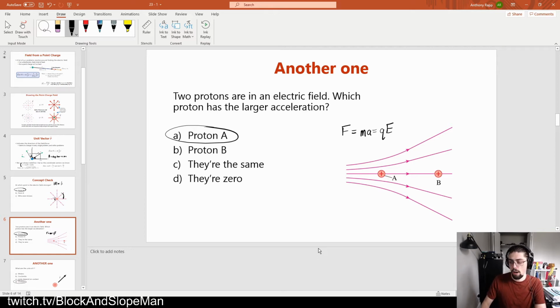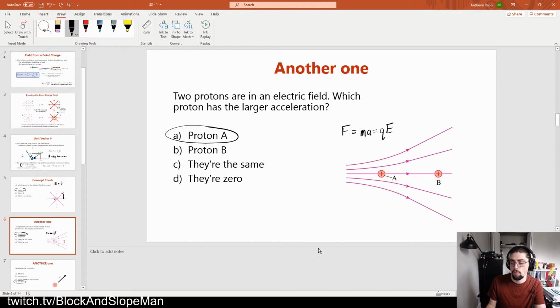But the lines are much more tightly spaced over on the left side than they are on the right. There's so much space between these 5 over here. And that means that the electric field on the left side is going to be much stronger and weakens out as we get farther and farther away. The field lines in a case like this are not necessarily indicative of the strength of the field at any one point. It's not stronger on the line than it is off the line, right?